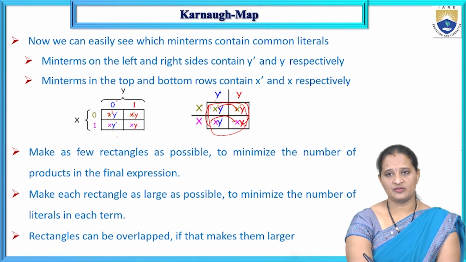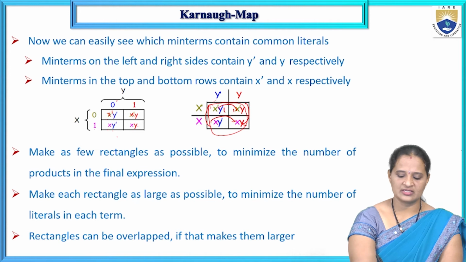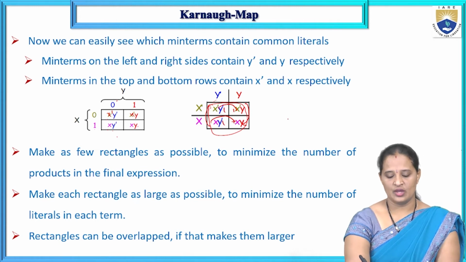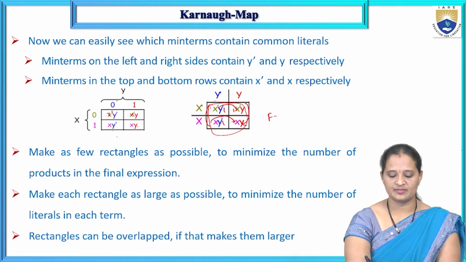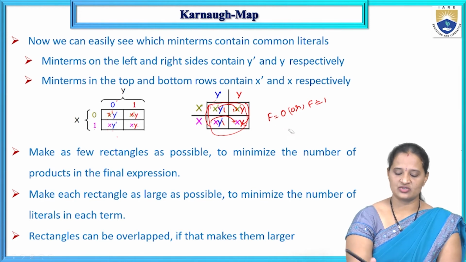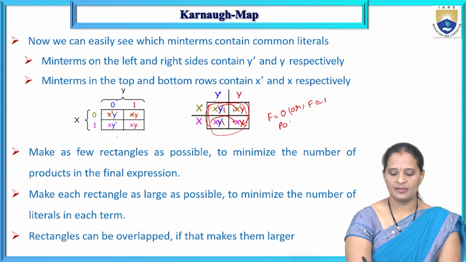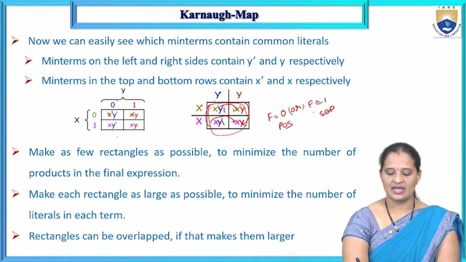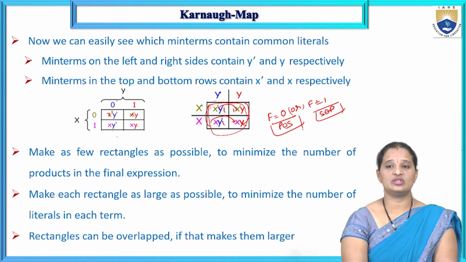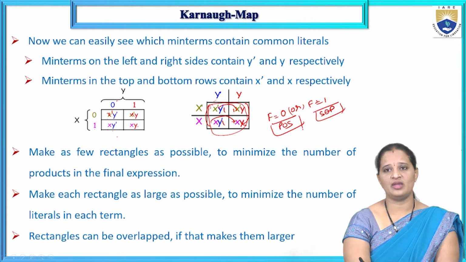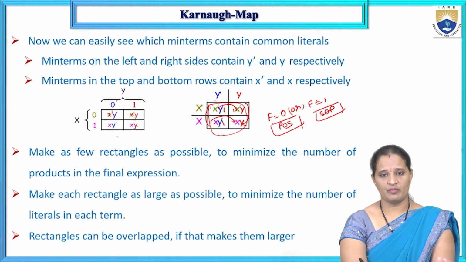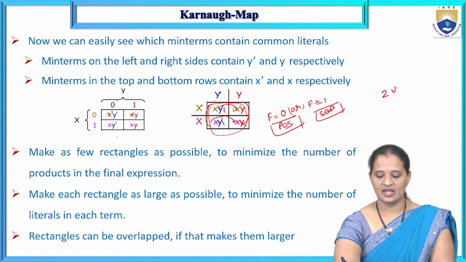If I group all the 4 cells, what does it mean? The group of 4 cells may give the function value as 0 or the function value as 1. This happens in the case of POS, and this happens in the case of SOP. When we form a quad group of 4 cells, how many variables can I eliminate? I can eliminate 2 variables.